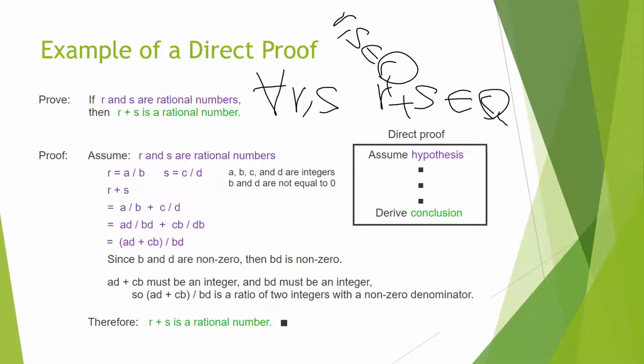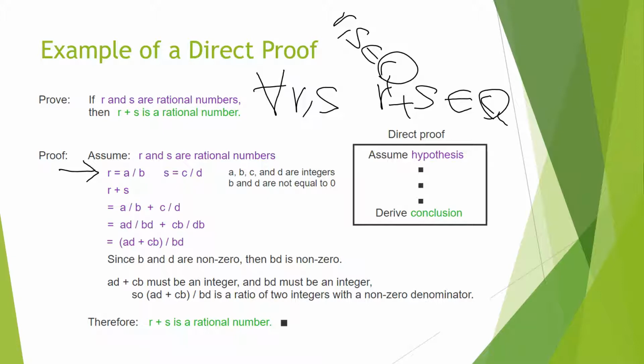So how can we prove it? We have to first assume that r and s are two arbitrary elements of the domain, which is the set of all rational numbers. The set of all rational numbers is represented by Q. Since r and s are both rational, we can say r is equal to a divided by b, and s is equal to c divided by d.